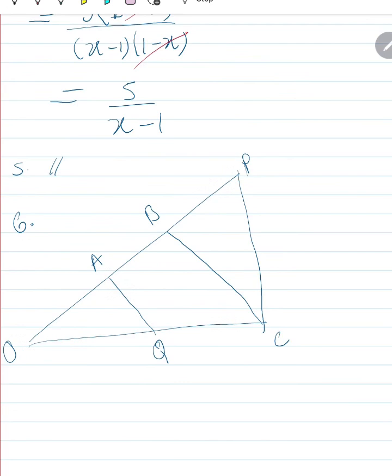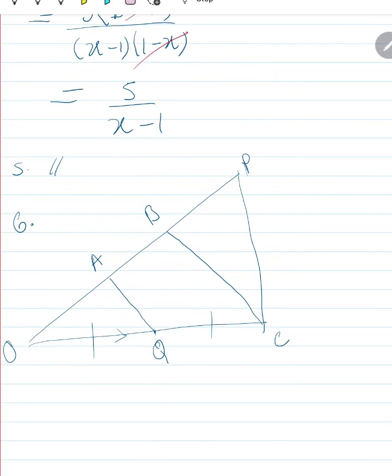Okay, so Q is the midpoint of OC. So where is OC? So OC is this direction. Okay, and if this is the midpoint, then this length and this length are the same.